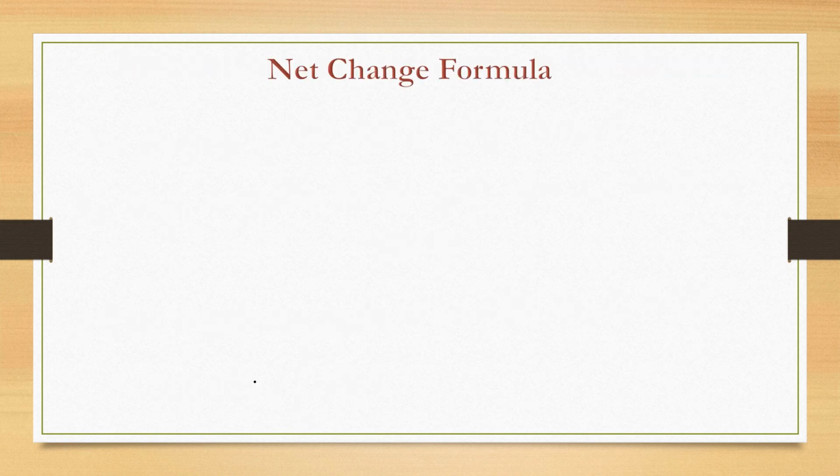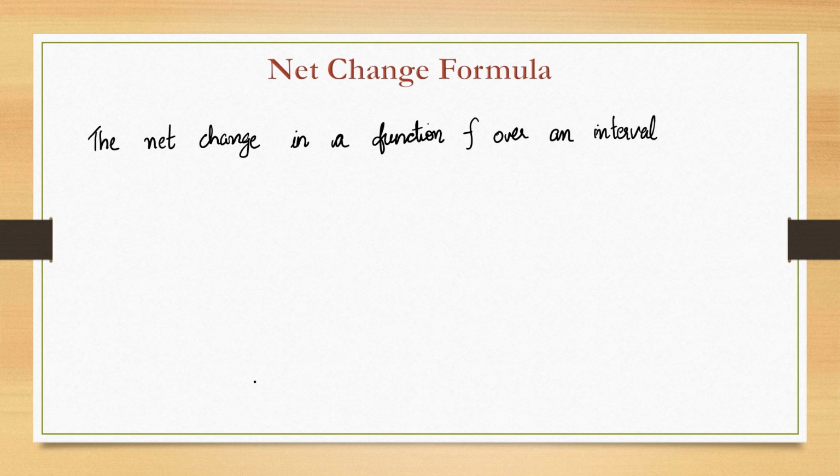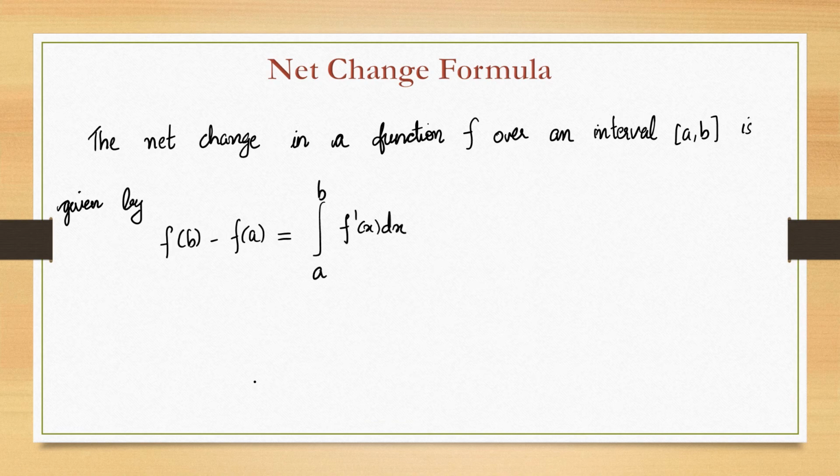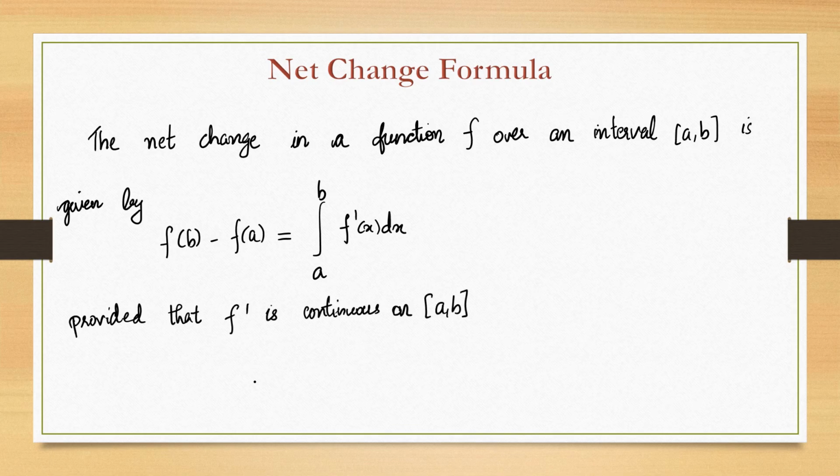Thus we have the net change formula. The net change in a function f over the closed interval [a, b] is given by f(b) minus f(a) equal to the integral from a to b of f dash(x) dx, provided that f dash is continuous on the closed interval [a, b].